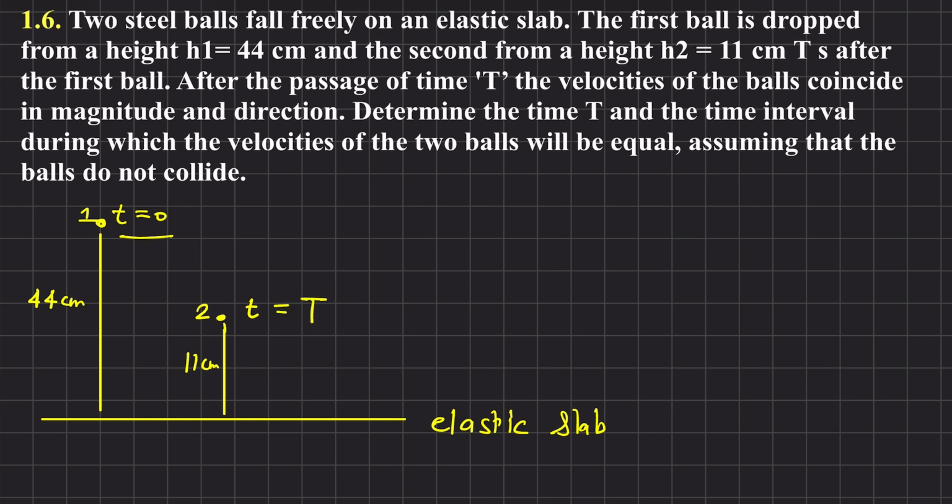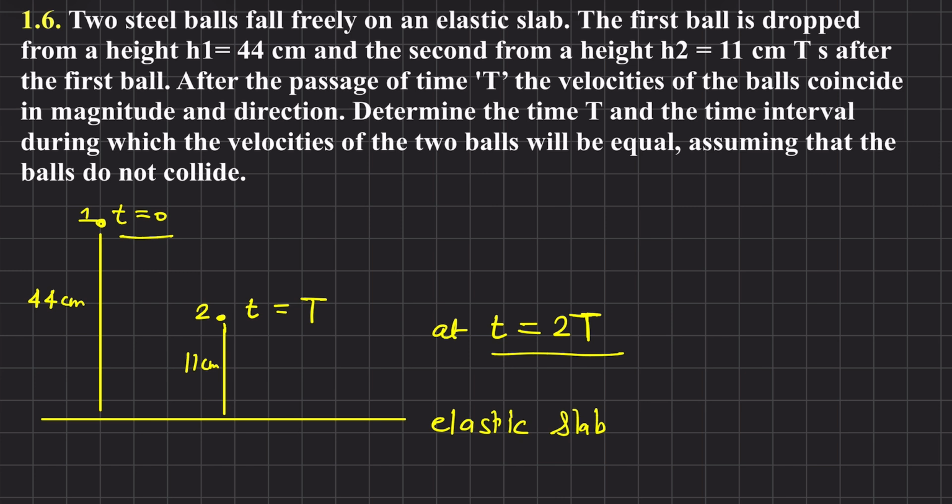Now they are saying that after the passage of time t, that is at t equal to 2t, the velocities of the balls coincide in magnitude and direction. So the magnitude is the same and the direction is also the same. This is given to us, that both will have the same velocity.